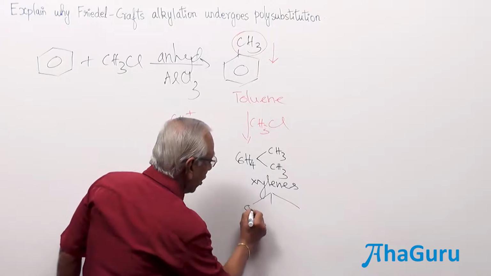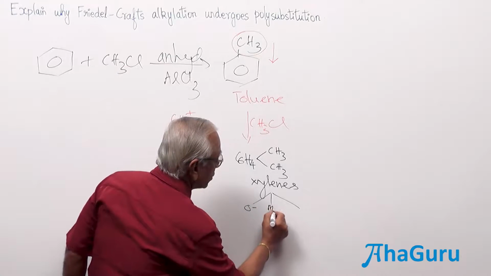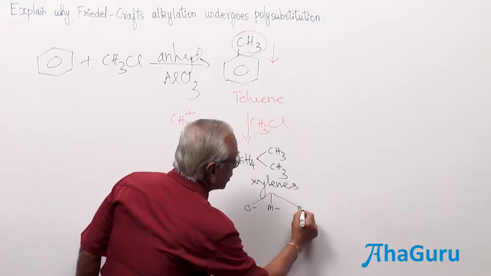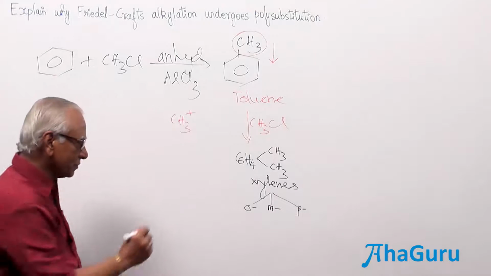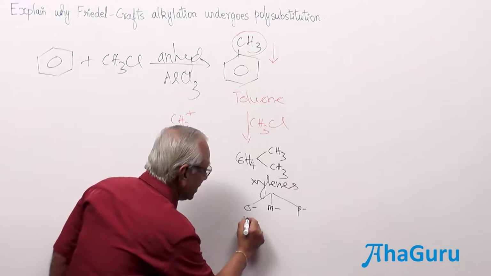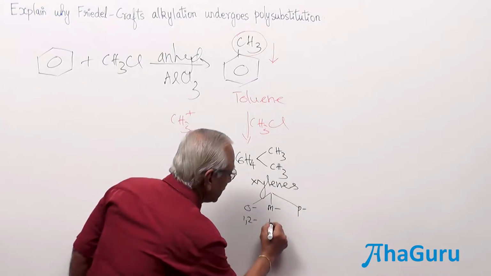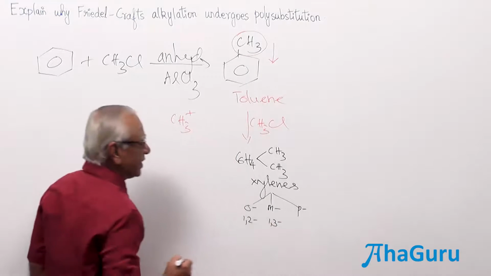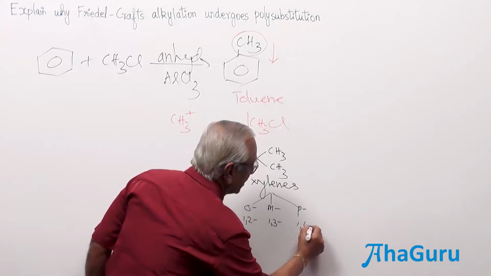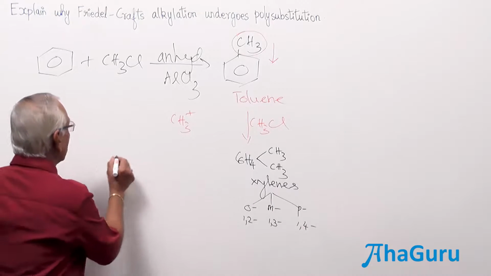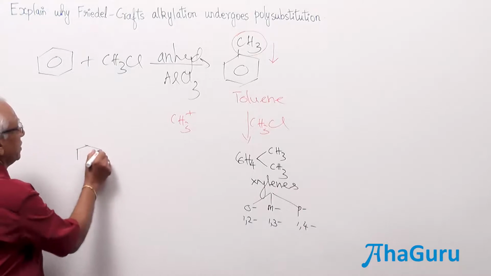Now, here there are going to be 3 important compounds. One is called orthoxylene, the other metaxylene, and the third paraxylene. Orthoxylene is 1,2-substituted benzene. 1,3-dimethyl benzene is called metaxylene, and 1,4-dimethyl benzene is called paraxylene. For example, I can write those structures here.